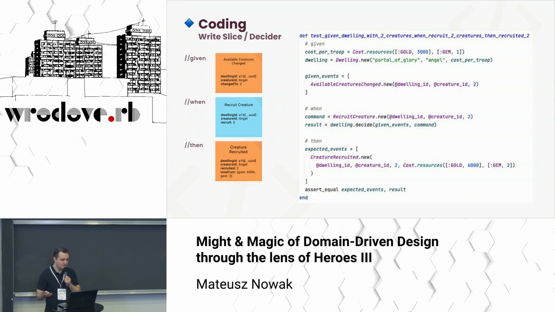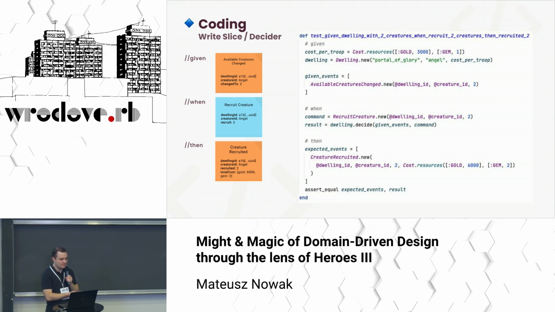In the given part, we define our dwelling, which will be the aggregate in this case. The name of it is Portal of Glory, as you remember, where angels may be recruited from the game. And cost per troop, given events, is an array of events. It means that we have two creatures available.